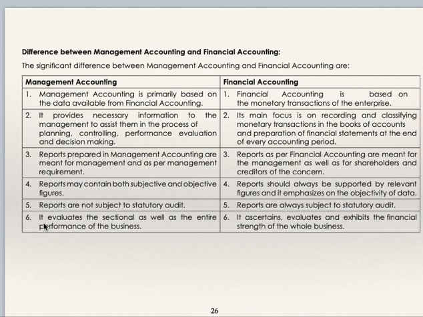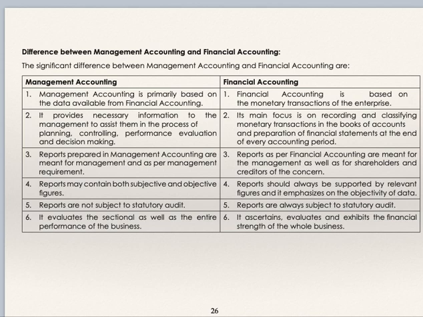Next distinction: management accounting evaluates the sectional as well as entire performance of the business. Financial accounting ascertains, evaluates, and exhibits the financial strength of the whole business. So, management accounting is focused on segment reporting, that is, reporting only a particular segment of the organization, whereas financial accounting is for the business as a whole.